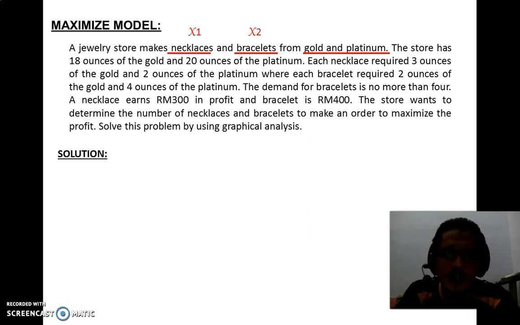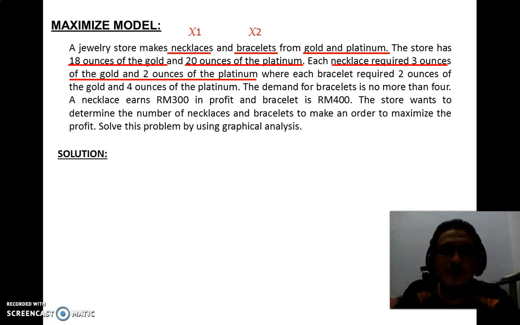So in the inventory, they have a limitation of resources, a limitation of raw material. S1, the necklace, requires 3 ounces of gold and 2 ounces of platinum. The bracelet requires 2 ounces of gold and 4 ounces of platinum.